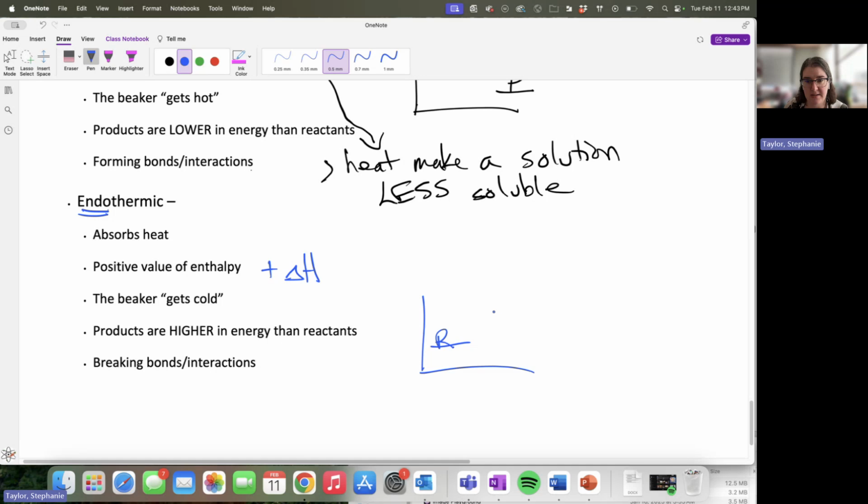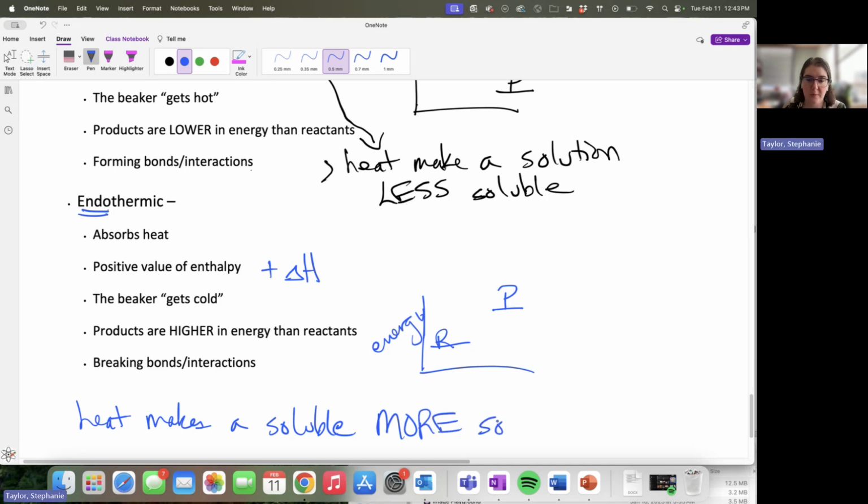So here's my reactants, and here's my products up here on an energy diagram. And then either bonds are breaking or interactions are breaking. And then again, we could add here that heat makes a solution more soluble. So the warmer your solution is, the more soluble an endothermic solution, heated solution will be.